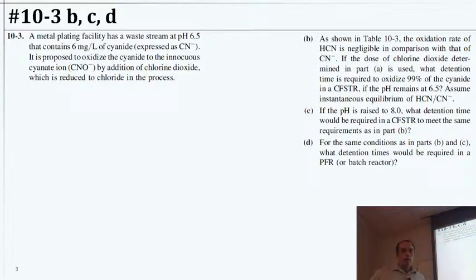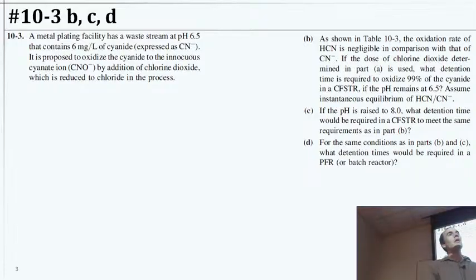And if the dose of chlorine dioxide determined in part A is used, what is the detention time required to oxidize 99% of the cyanide in a CSTR to meet the requirements in part B? If the pH remains at 6.5, assume instantaneous equilibrium between HCN and CN minus.